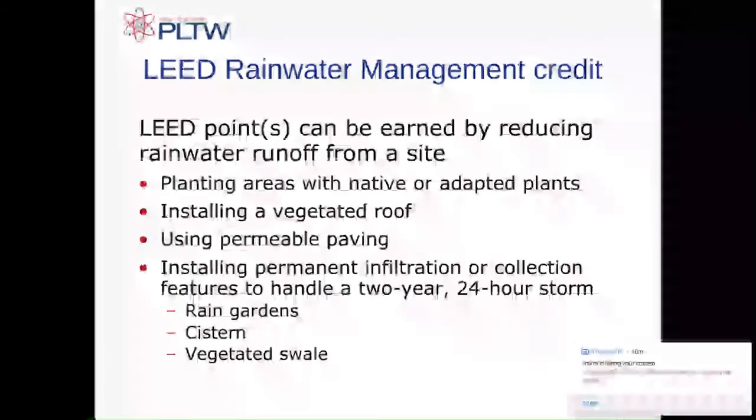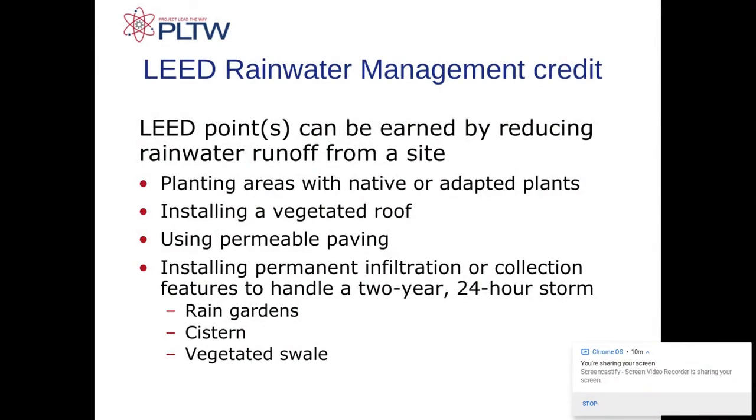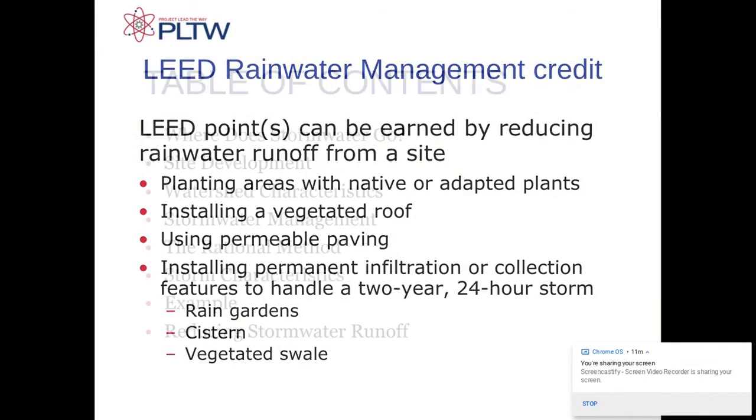Most often, if you want to do LEED, which is an environmentally friendly certification, you'd use lots of plantings, lots of vegetation, permeable pavement, rain gardens, cisterns. You could even dig out your whole parking lot, put in a big pool underneath almost, and then cap it over with the pavement. That's a very expensive system, but that's a way to do it.